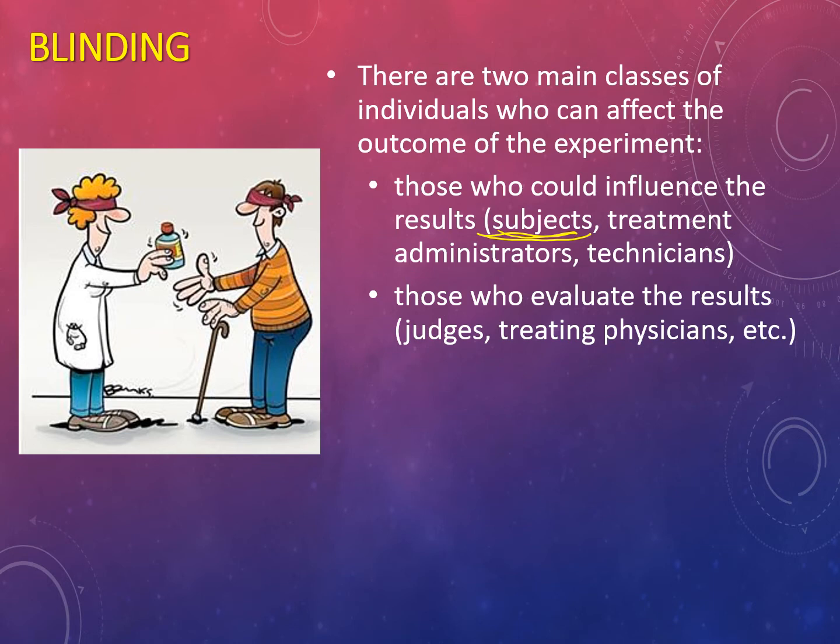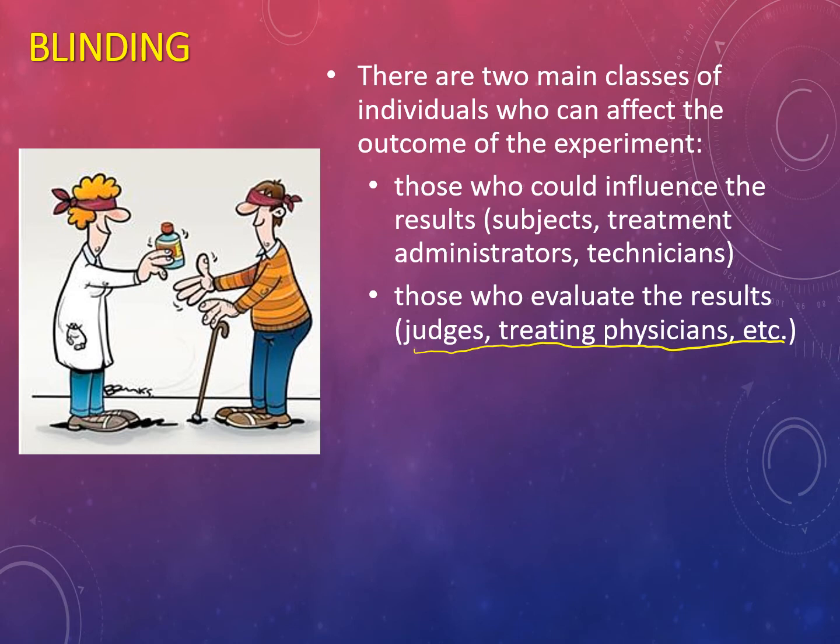Those are actually all grouped in the same category, people who are influencing the results themselves. Now, the second group is those folks that are evaluating the results: judges, the treating physicians, anybody else. I love to give the example of an episode of Grey's Anatomy several years ago, where they were doing a treatment for Alzheimer's.